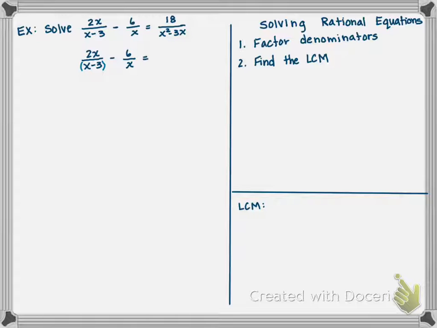And then equals 18 over, well, x squared minus 3x has a GCF of x, so we can write it as x times x minus 3. So if I look at my first denominator, I see that my LCM needs a factor of x minus 3.